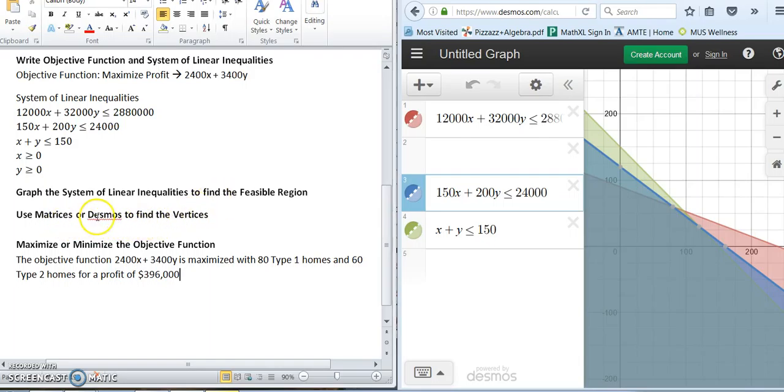Then you can use matrices or Desmos to find the vertices of your feasible region, which we had found were 5 points for the feasible region. And after you have used your matrices to find the vertices, you need to then maximize or minimize the objective function. In this case, the objective function was 2400x plus 3400y, and it's maximized with 80 type 1 homes and 60 type 2 homes for a profit of $396,000.